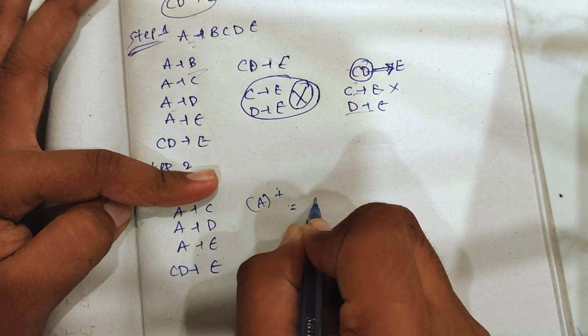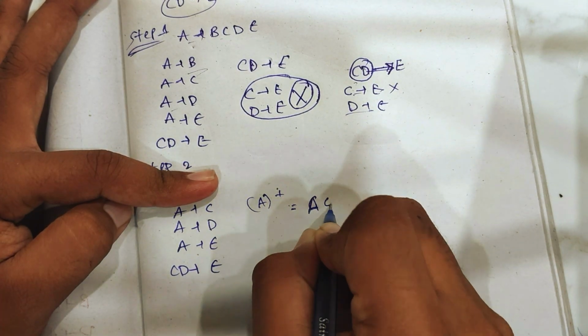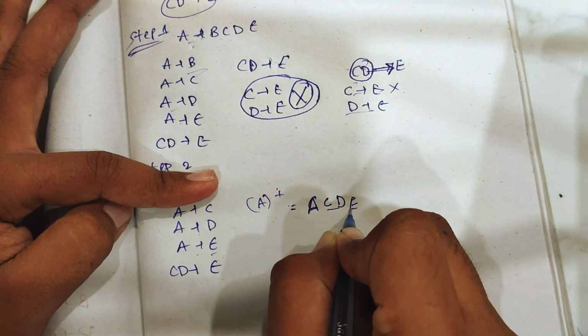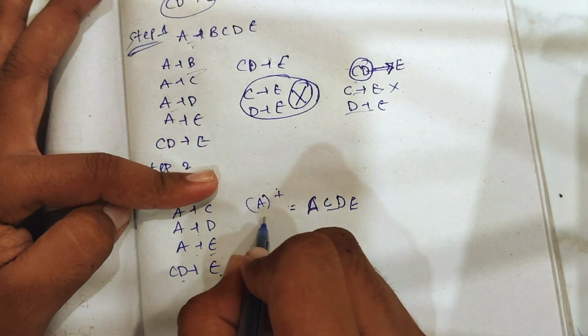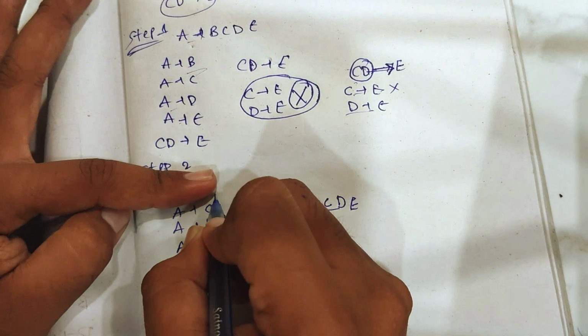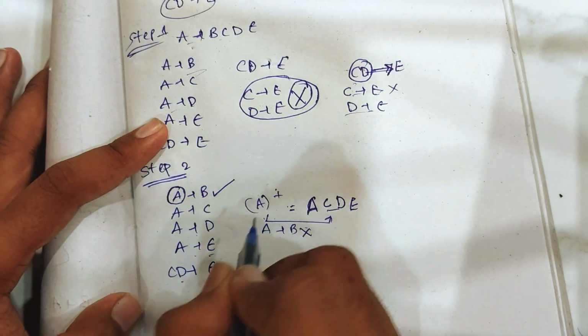A to C, A to D, A to E, C D to E. Is there any A to B? There is no A to B. So this FD must be contained in the set.